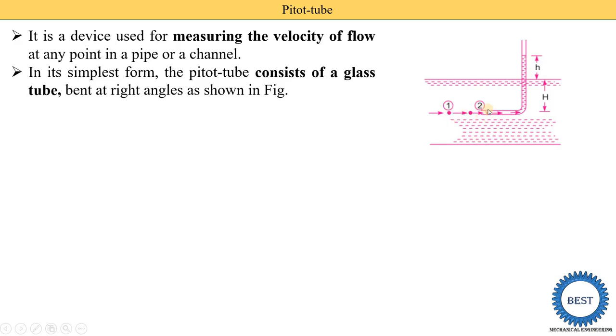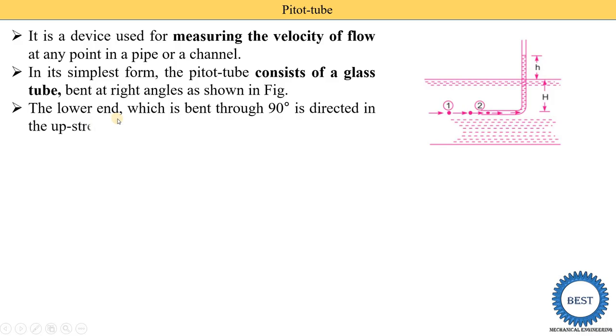And here we see this is the inlet point of this pitot tube, and here it is bent at 90 degrees. This part is vertical, and this is the upstream side of the pipe, and this is the downstream side of the pipe. The lower end, which is bent through 90 degrees, is directed to the upstream direction as shown in the figure.